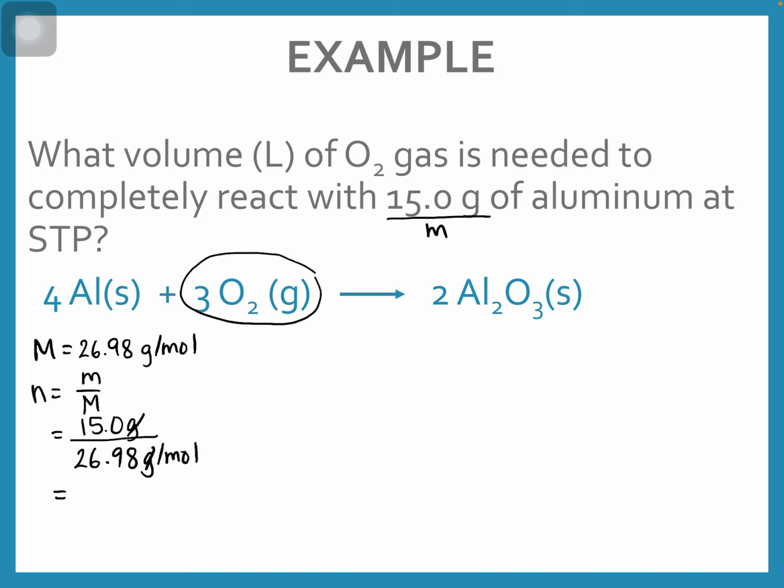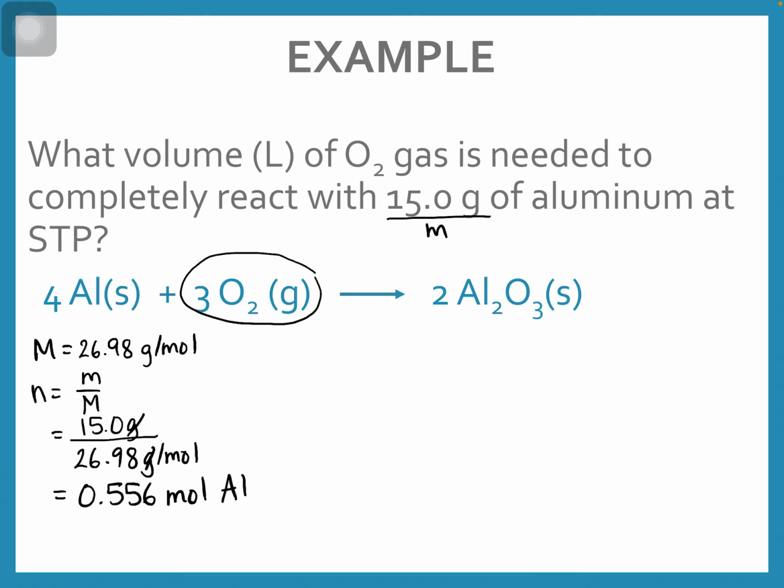Grams will cancel, and that gives me 0.556 moles of aluminum. So the 15 grams of aluminum is equal to 0.556 moles of aluminum.